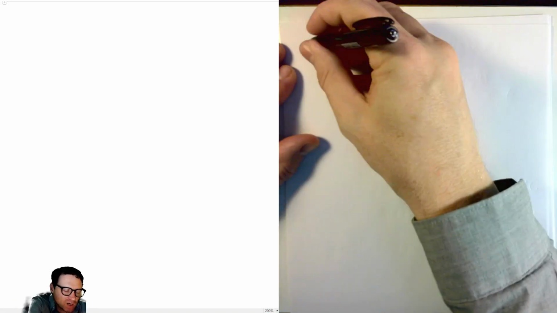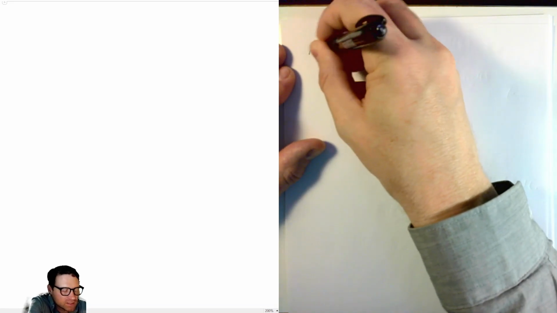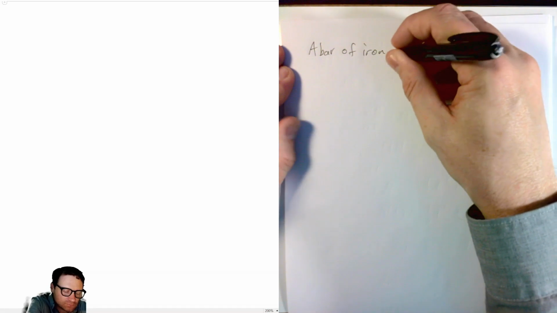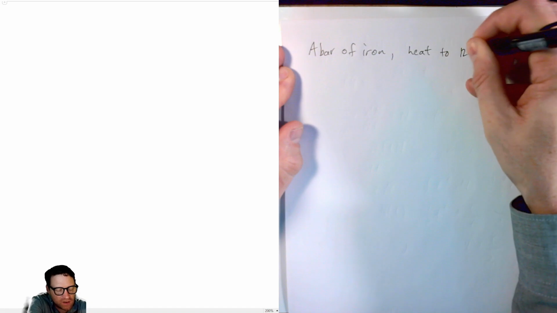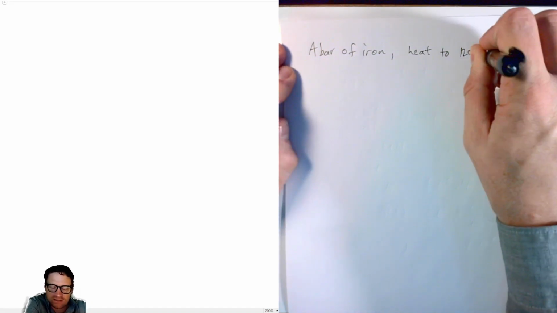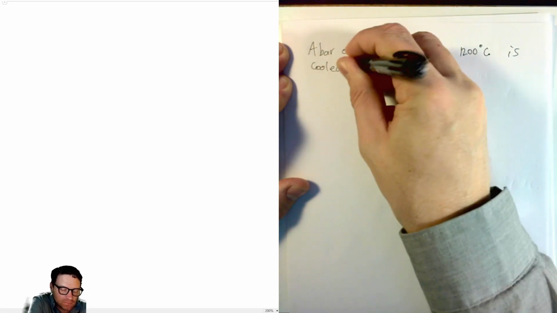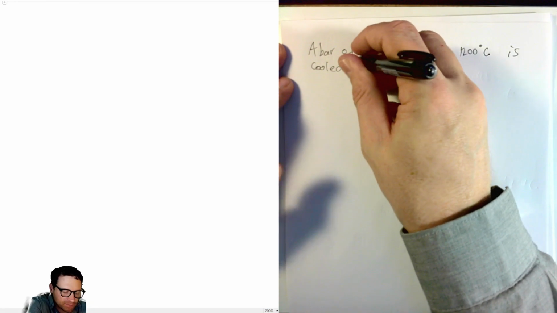All right, now for the following question, it's an applied question about Newton's law of cooling. So it says a bar of iron, and when I write this, I'll just abbreviate it. So a bar of iron heated previously to 1200 degrees Celsius is cooled in a bath of water at a constant temperature.